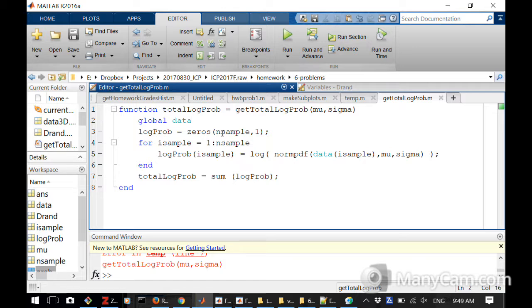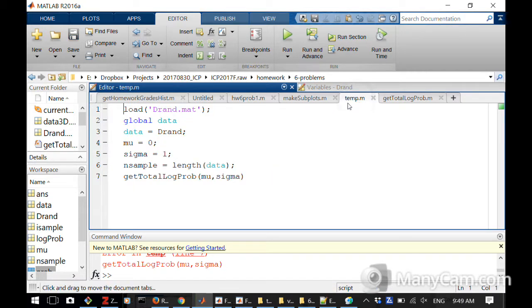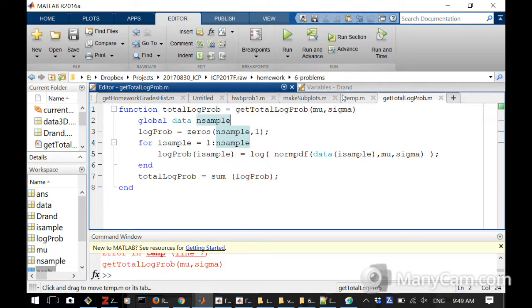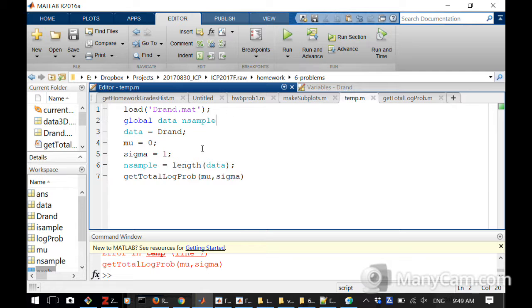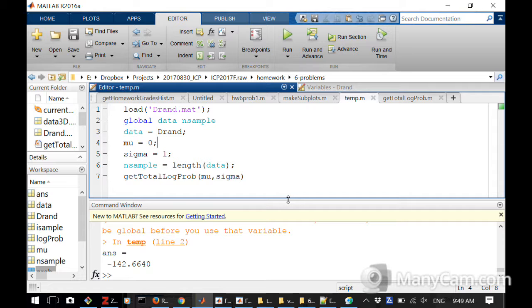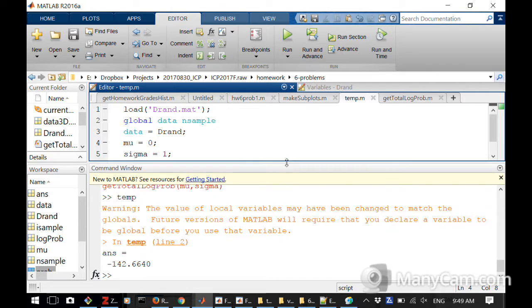So we could also define n sample as a global variable, right? So let's define n sample also as a global variable. The way to define multiple global variables next to each other is just to add a space between them. So global data, n sample, both of them. And now let's run it. Okay, now we get the number that we want exactly.